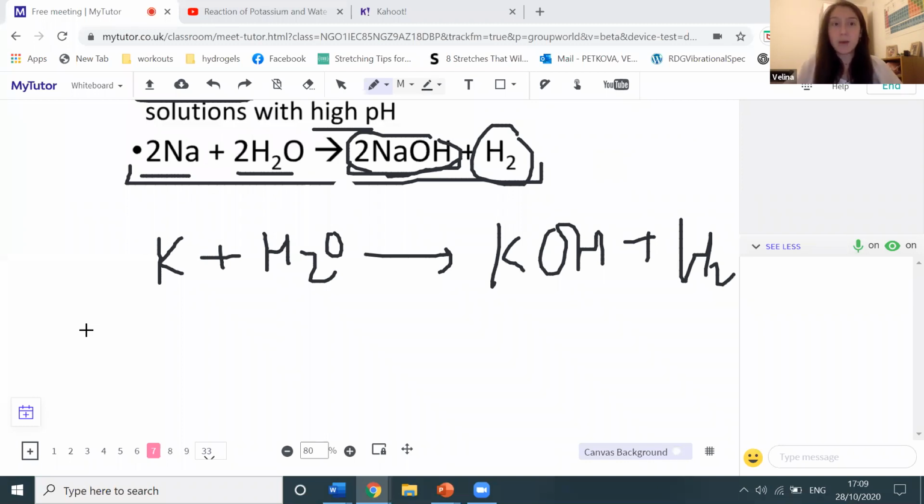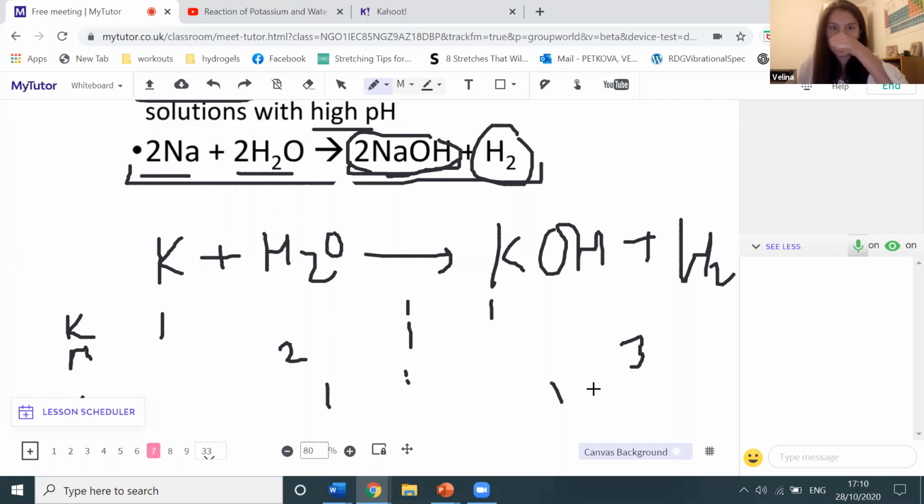Once again, we're going to have to balance this equation slightly. So how many potassiums do we have on the left-hand side? Let's do some more balancing. We have 1. How many hydrogens do we have on the left-hand side? We have 2. How many oxygens do we have? We have 1. Then on the right we have 1 potassium, 3 hydrogens, and 1 oxygen. So the hydrogens need to be balanced.